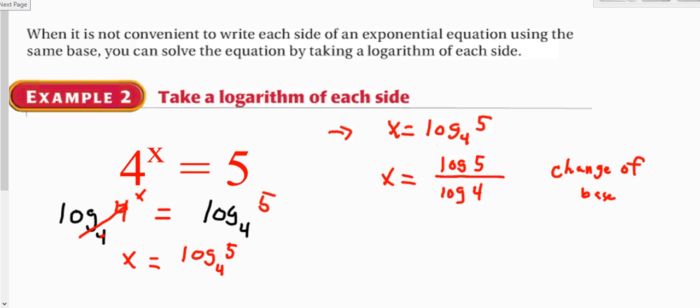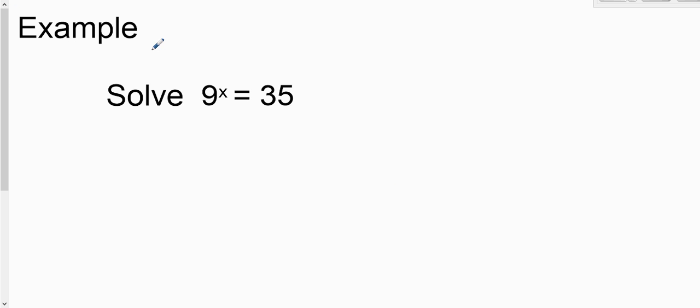Okay, let's try one more. 9 to the x is equal to 35. Now again, the first step we always look for: can I rewrite these to the same base? Don't automatically jump to logarithms. This is 3 squared. 35, I cannot write as a power of 3 or a power of 9. So again, logarithms of both sides.